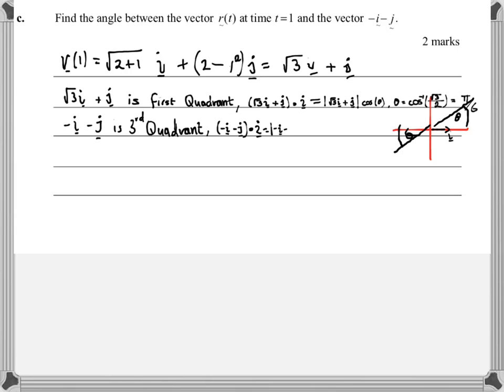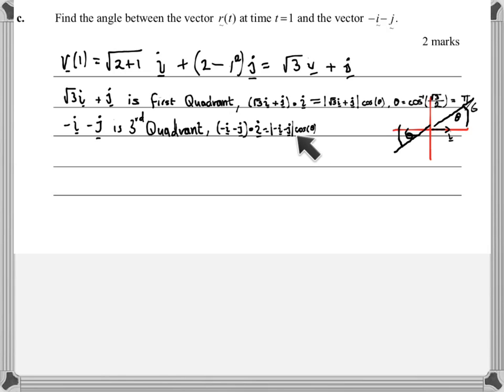So the dot product with i, and we have here the dot product of the two vectors equal to the magnitude of each. The magnitude of i I haven't written down because i is just a unit vector and the magnitude of i is 1.